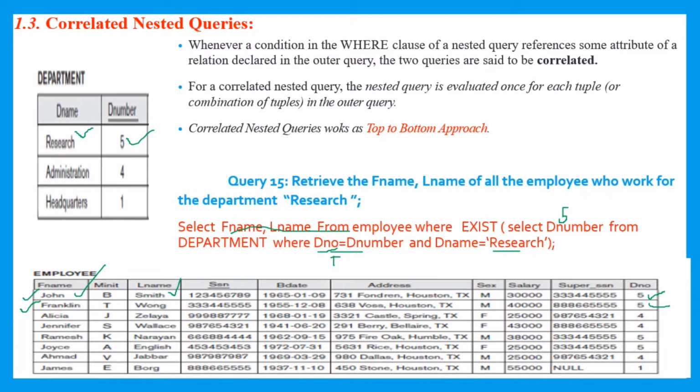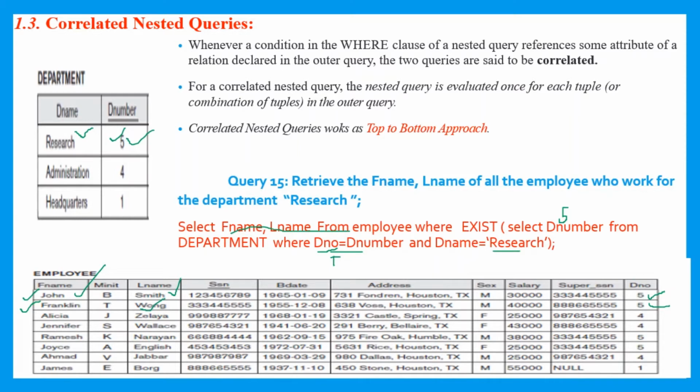Again it is going to check with the first row of the table. Both match. Then the department name is Research. This is also true. Then the innermost query returns the department number 5. This 5 exists in the outermost query, so the second row value is displayed.